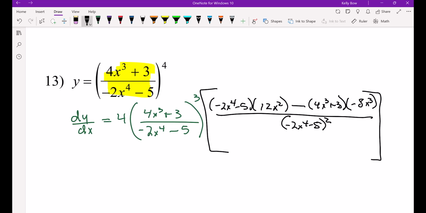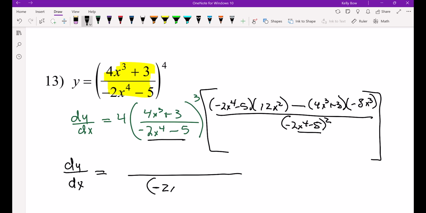And then notice you've got this and this, so that's going to be cubed because they're the exact same thing. This to the first power times this to the second power. So this whole thing is cubed.